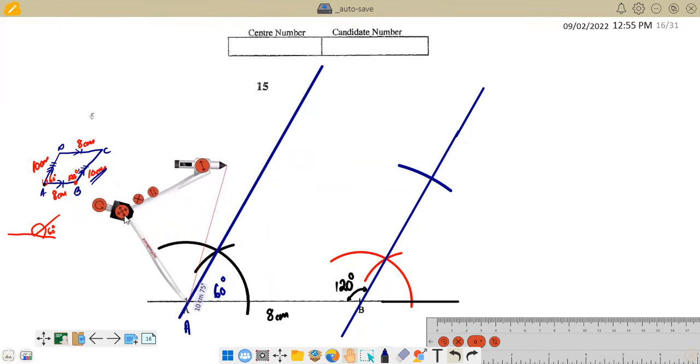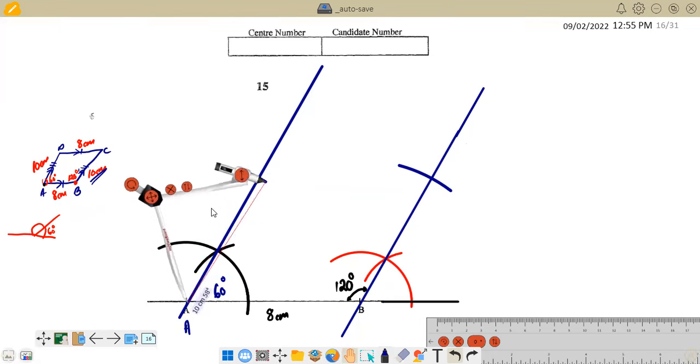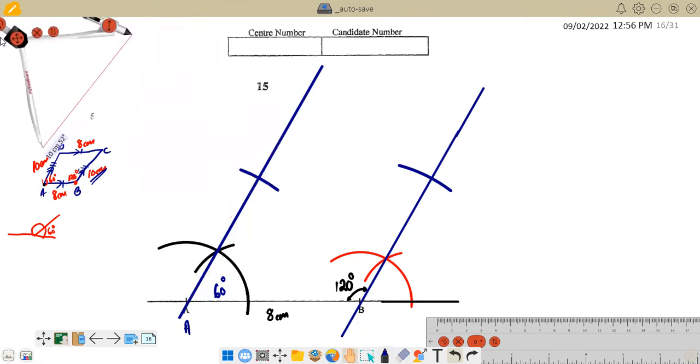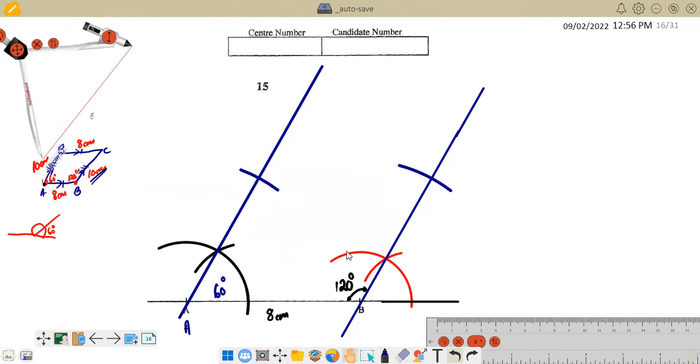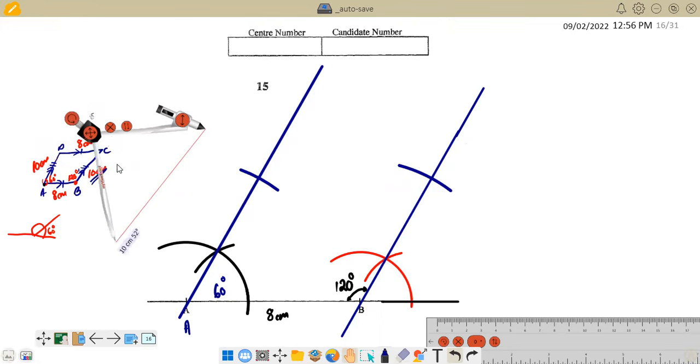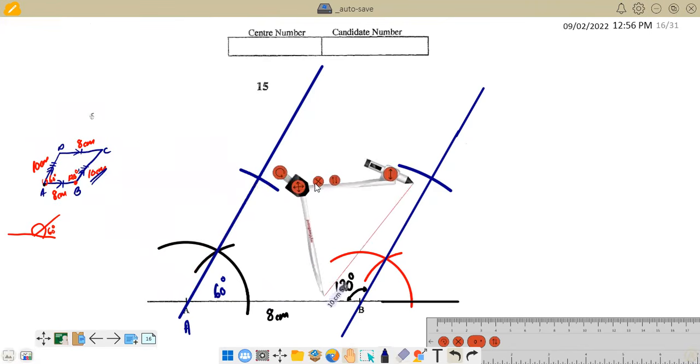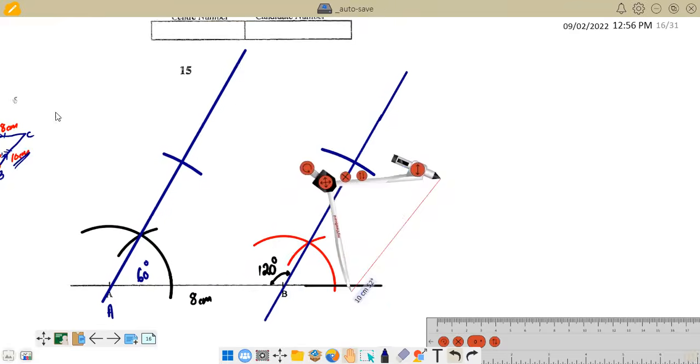Let's just shift a little bit. Mark an arc like this. So these arcs that we have marked are 10 centimeters from A and 10 centimeters from B.